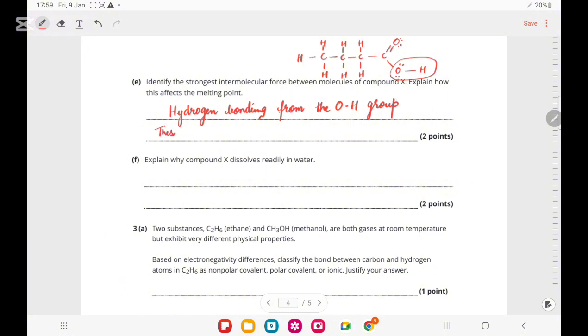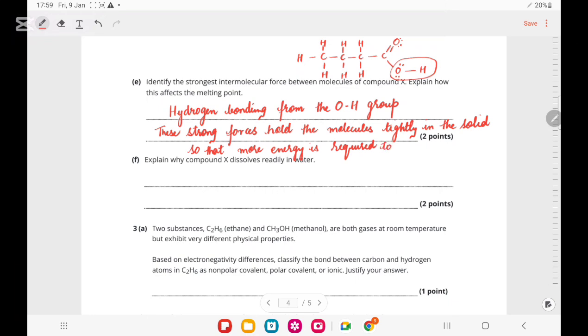These strong forces hold the molecules tightly in the solid, so that more energy is required to overcome them, and because of that it results in a higher melting point.